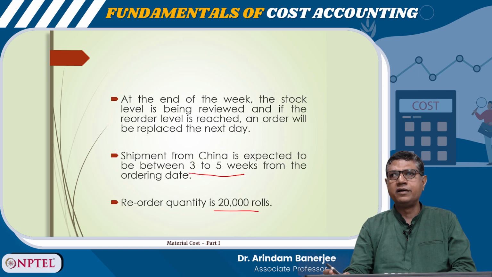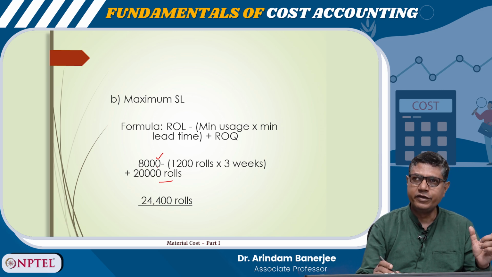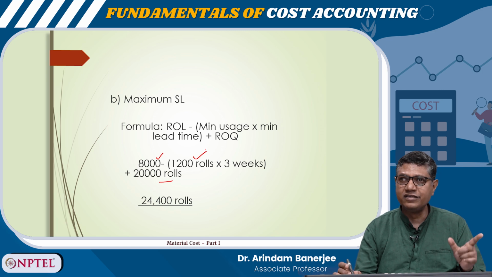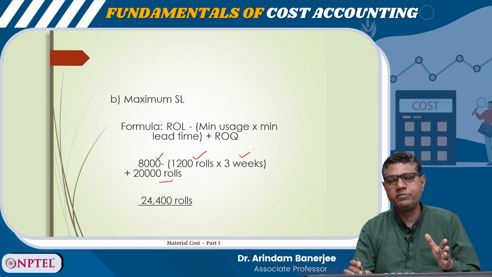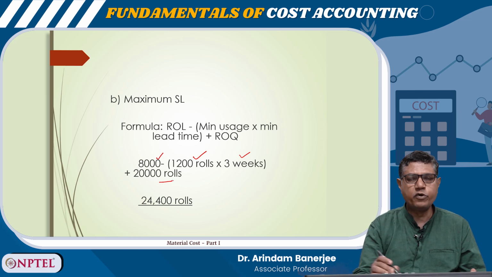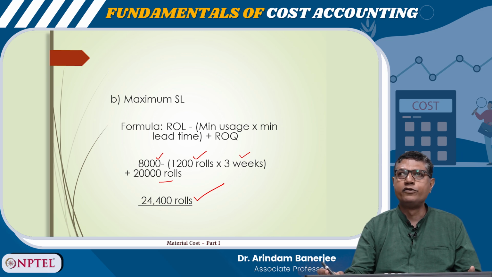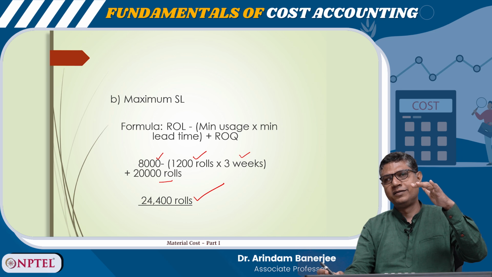So, 8,000 we calculated already, minus minimum usage, which is 1200 rolls as given in the question, into 3 weeks, the minimum lead time, because it is importing from China. So, it is 3 to 5 weeks. So, minimum lead time is 3 weeks, plus 20,000 as we calculated. So, it is coming to 24,400 rolls. So, this is the maximum stock level the company should keep, right.